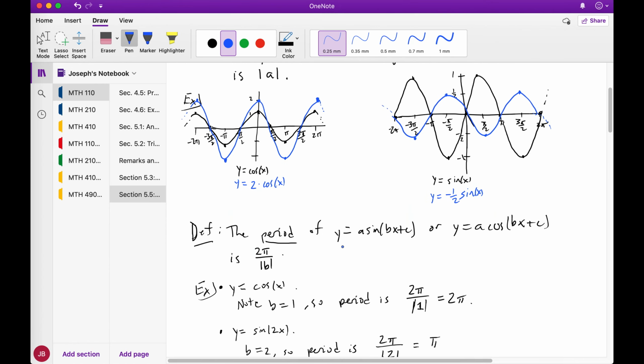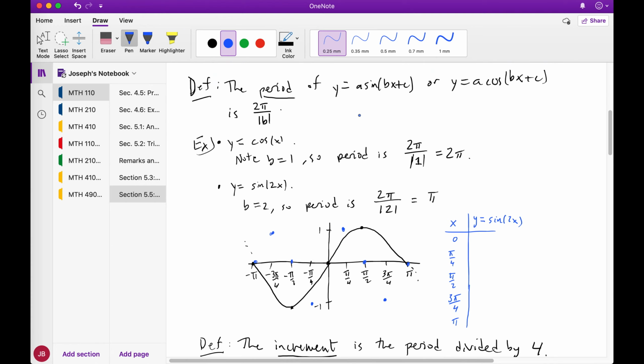Okay, the next piece of information is the period of a graph. So we talked about this last time. If you have just normal cosine x, let's say, the period we know is 2 pi. That much we saw. But what happens if there's a number multiplying the variable x? So nothing too exciting going on in this first example, but here y equals sine of 2x.